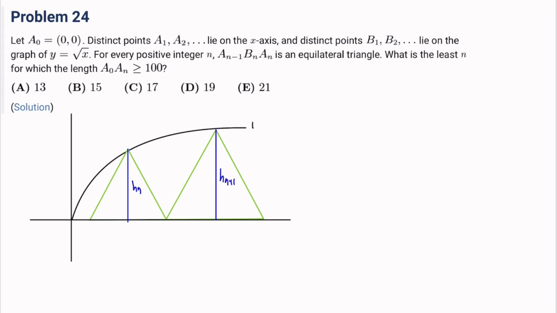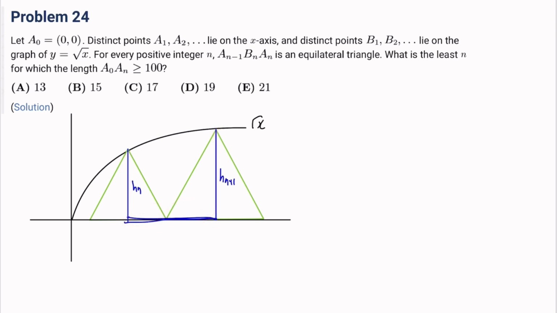So this is root x, right? And then these are also the y values of these points, right? And so now we can just find out this length, right? Because since these are equilateral triangles, that means it's 2 to 1 to root 3. That means this one is root 3 times that length, and this length is root 3 times this length.